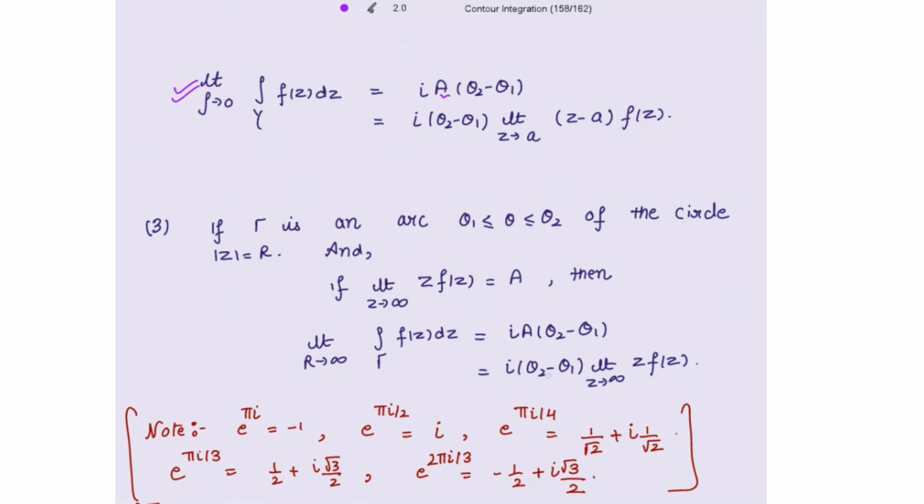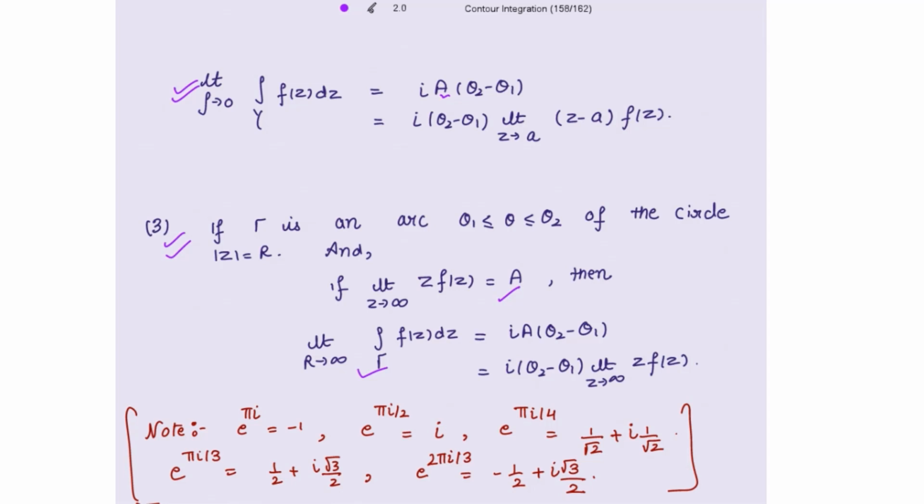Putting the value back of A, it is iota times theta 2 minus theta 1 times limit z tends to infinity of z into f of z. This is the formula for tau. When you integrate along tau, this is your formula, and when you integrate along gamma, the small circle, this is your formula. So you have to remember these two formulas.